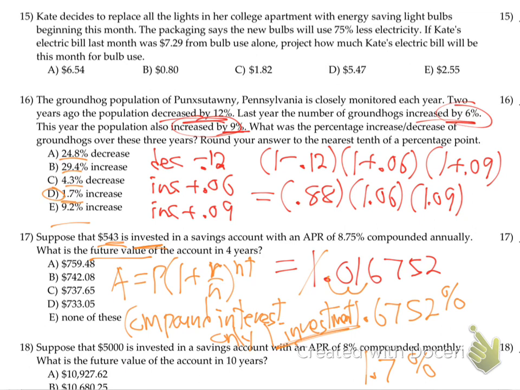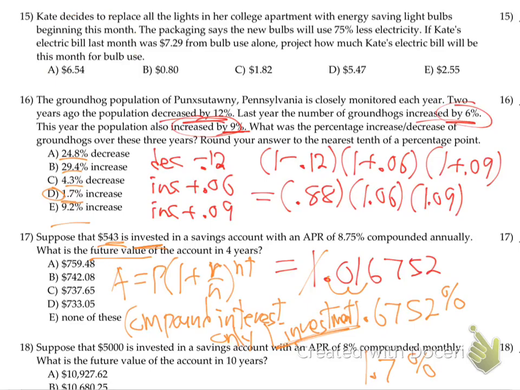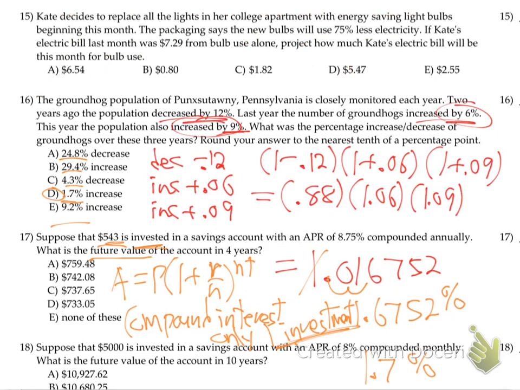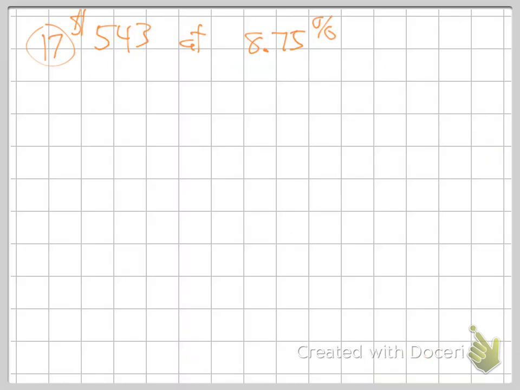All right, so I'll bring it up here. Number 17, it's 543 at 8.75% compounded annually.